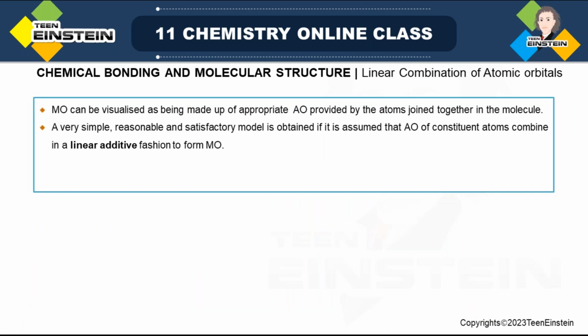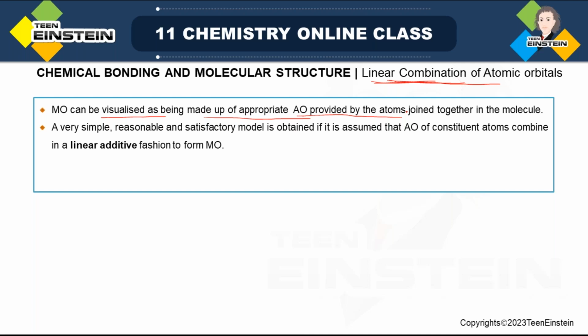Linear combination of atomic orbitals. Basically this term that you are seeing here, linear combination, is a statistical, mathematical term. Details obviously we don't need. When you see the diagram, what it actually means will be clear to you. So molecular orbitals can be visualized as being made up of appropriate atomic orbitals that are provided by the atoms which are going to form the bond.